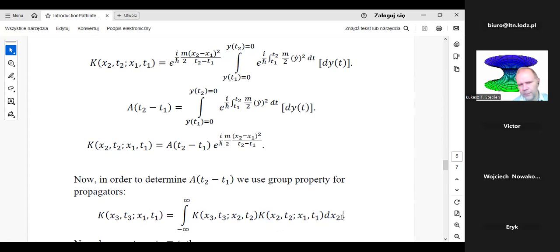Yeah, there is maybe an interesting comment on that particular thing. So you have propagation from T1 to T3, right? Yes. So effectively you have propagation from T1 to T2 and from T2 to T3, right? Mm-hmm.